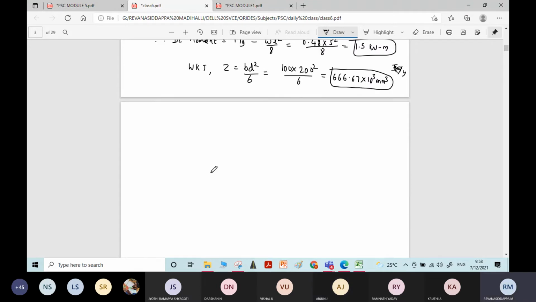Now you can find the stresses due to self-weight of the beam.